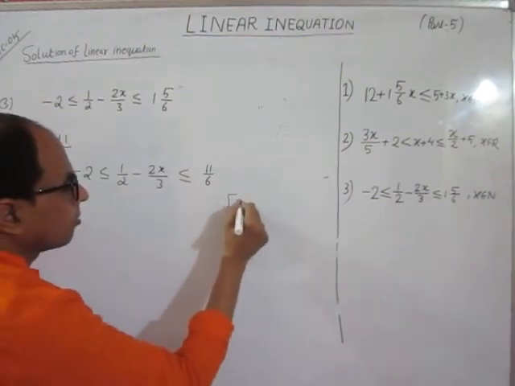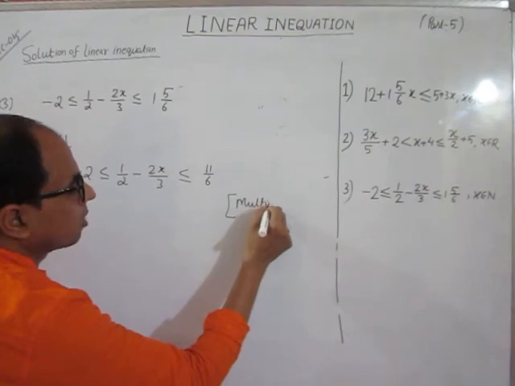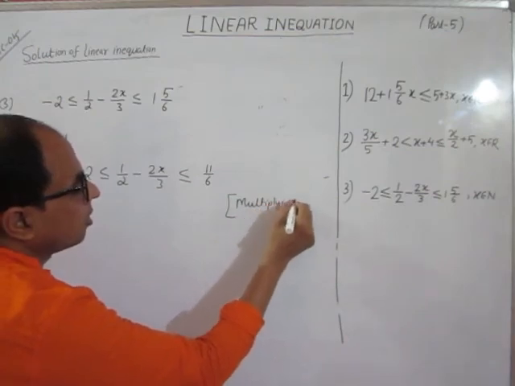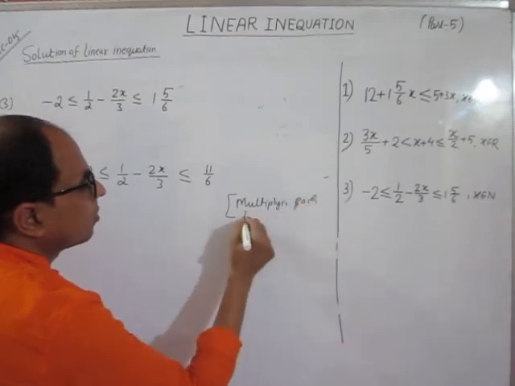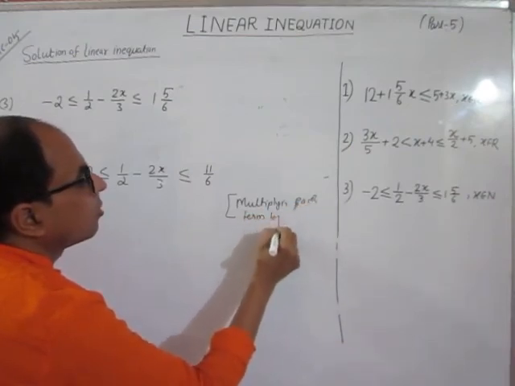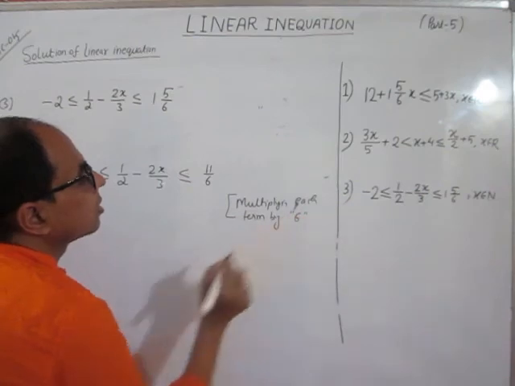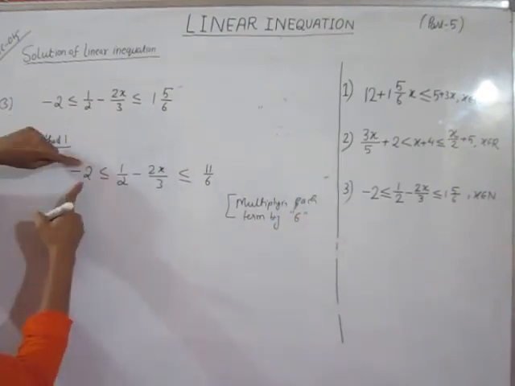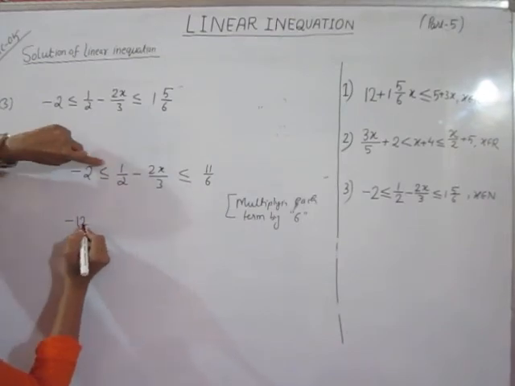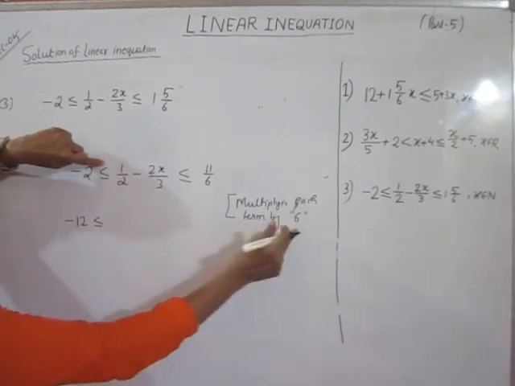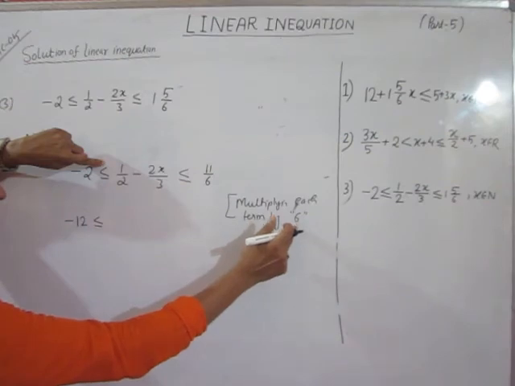Multiplying each term by plus 6, it will be minus 12. Now the sign of inequality will remain the same because we are multiplying each term by a positive number.